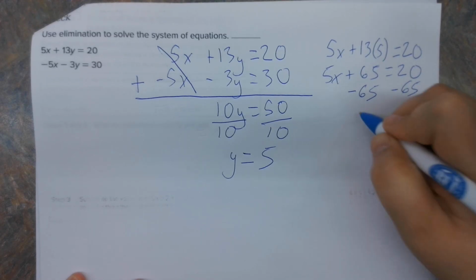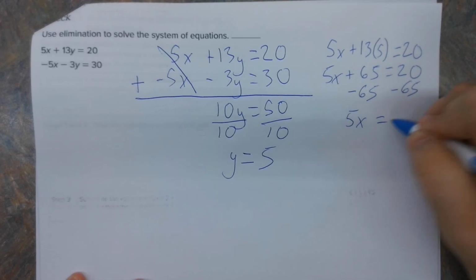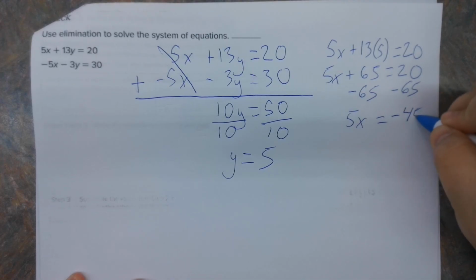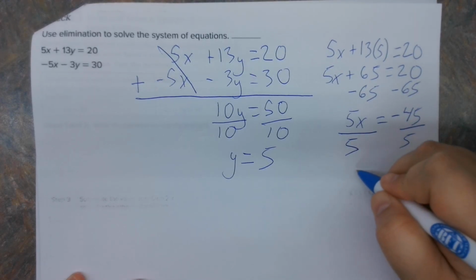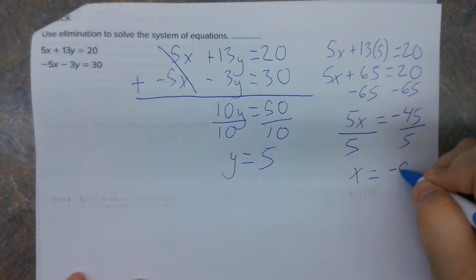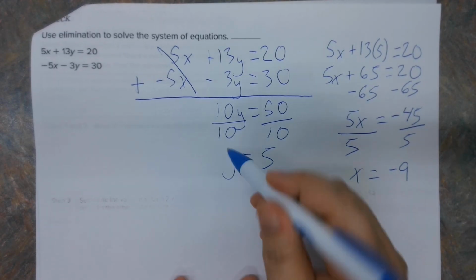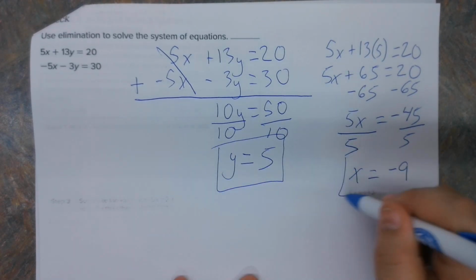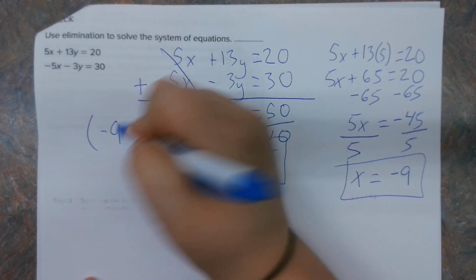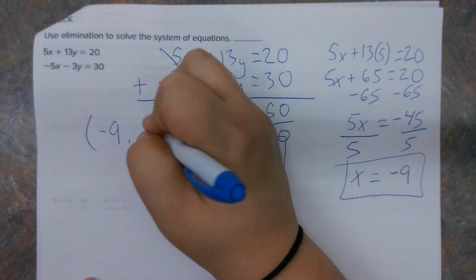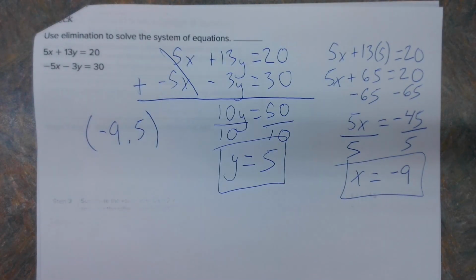Minus 65, so I have 5x equals negative 45. Divide by 5, divide by 5, x equals negative 9. So here's my two answers, my x and my y. Remember that, honestly, we should be setting these up as an ordered pair, so we're going to go -9, comma 5. There's our solution.